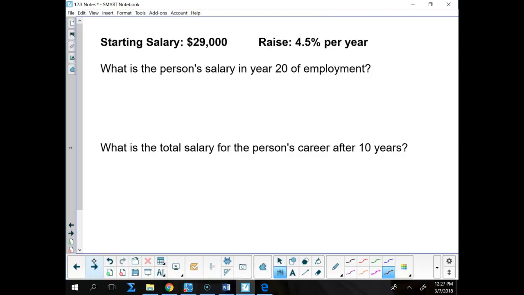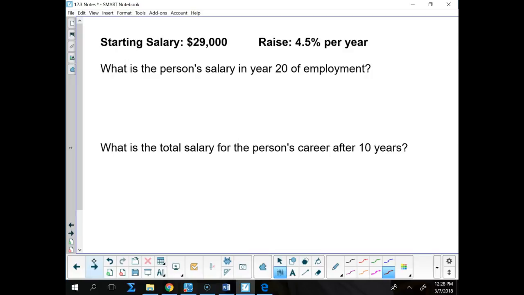So, application type problems today. Basic scenario.